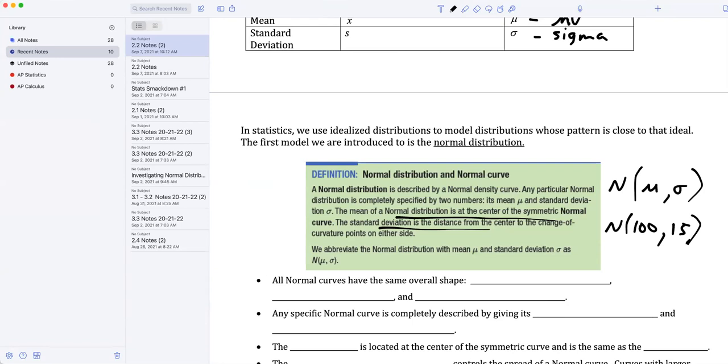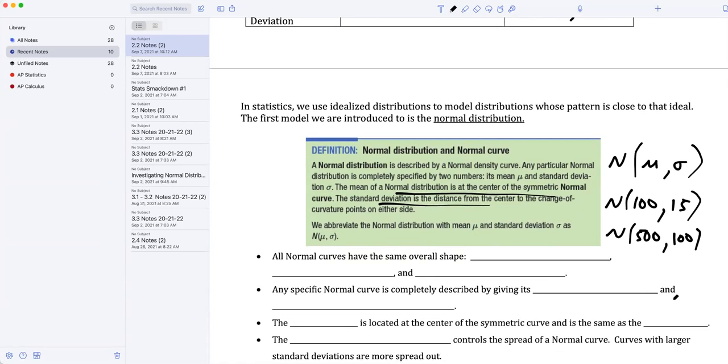Okay, an IQ test, they write them so that the average on that test is 100 with a standard deviation of 15. The SAT is another normal distribution. The test is written so that the average is 500 with a standard deviation of 100.